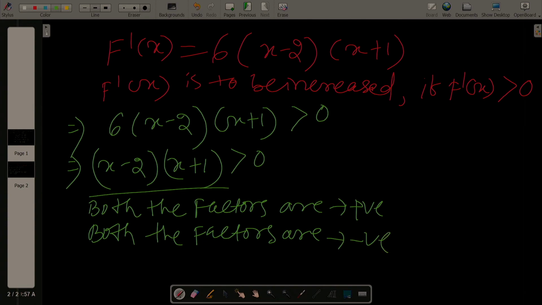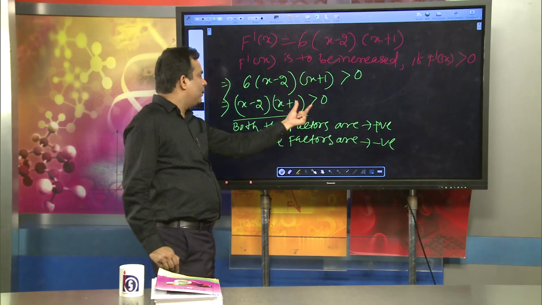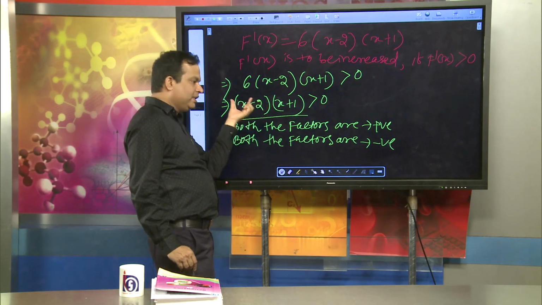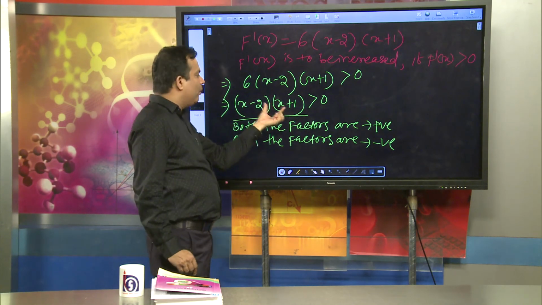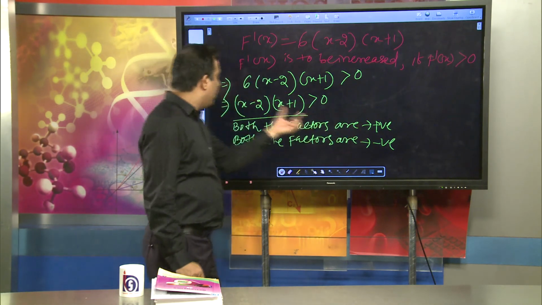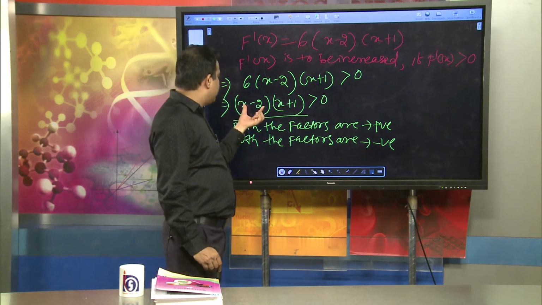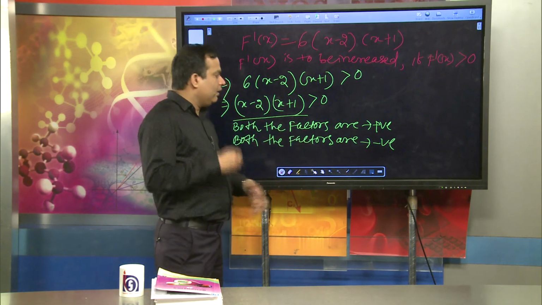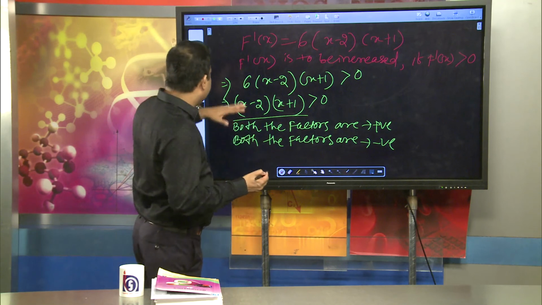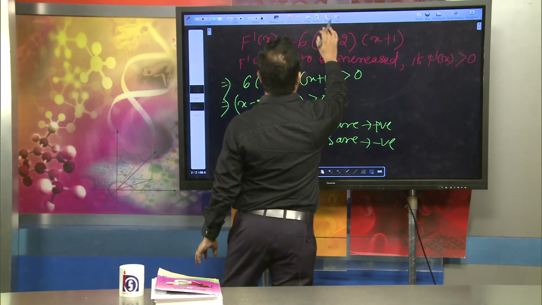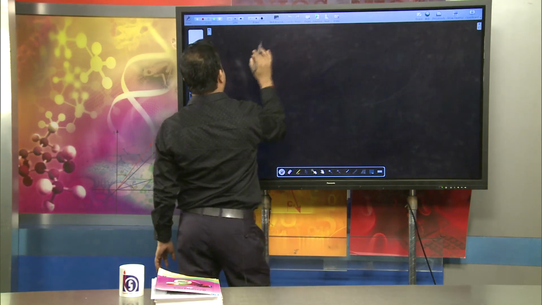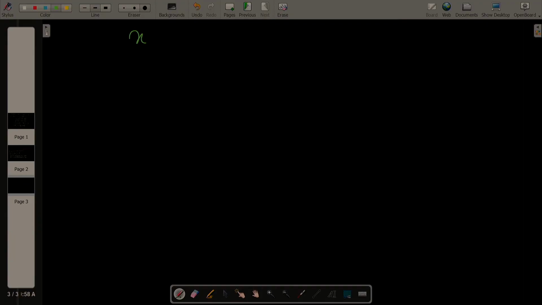That means x minus 2 and x plus 1 both should be positive, or both x minus 2 and x plus 1 should be negative. So I take the factors x minus 2 and x plus 1. This is case 1.